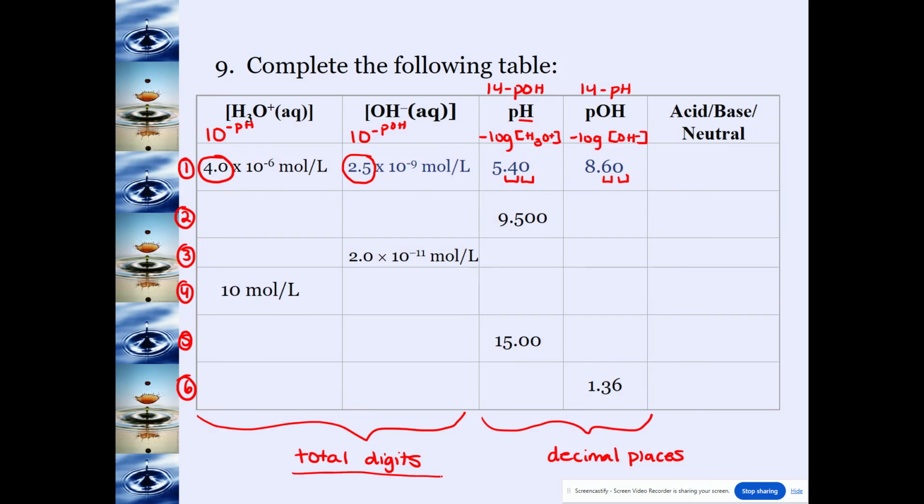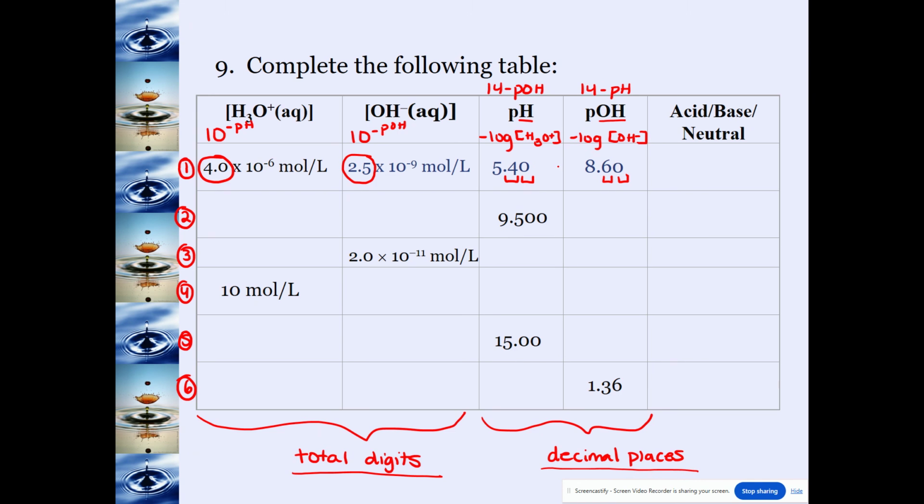Okay, my total digits in concentration equal my decimal places in pH and pOH. Now that I have that, 2.5 times 10 to the negative 9 moles per liter, I'm basically done this first solution. I just have to identify if it's an acid, base, or neutral, right?